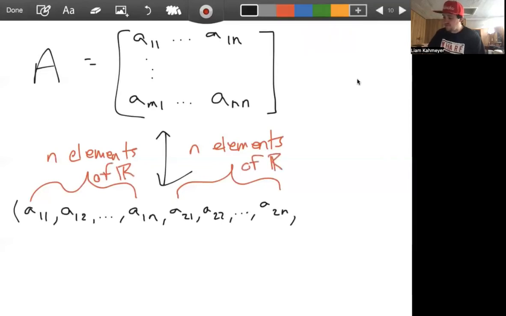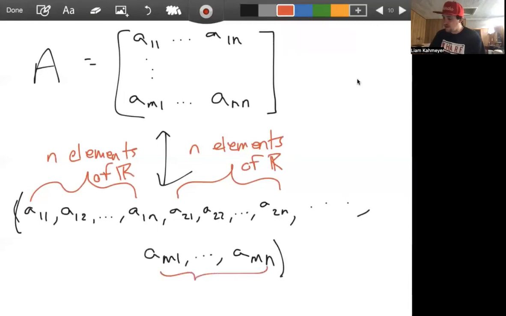You could do the same thing for 3, 4, whatever, dot, dot, dot. And then lastly, you would have Am1 through Amn, and that would close our list of all these numbers. This last row, and all the rows we've placed in between, have n elements of R.